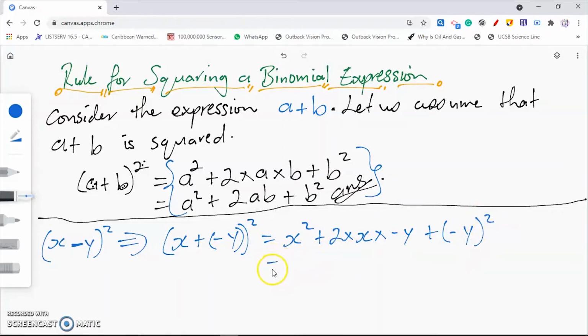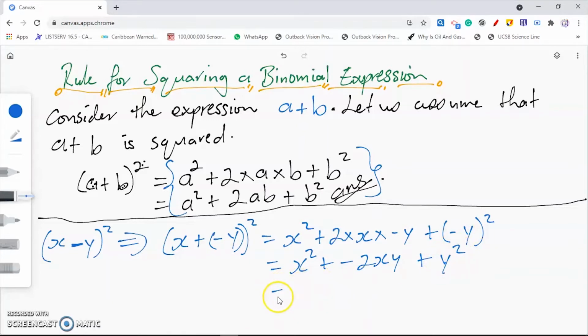And then you simplify that, so you get x squared plus 2x times negative y is negative 2xy, plus negative y squared. Whenever you are squaring a negative number, the answer would always be positive, so negative y squared is positive y squared.